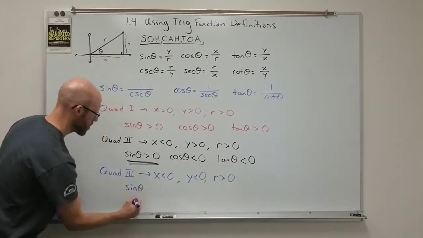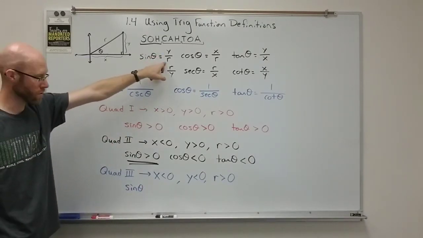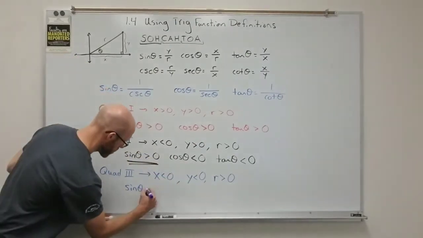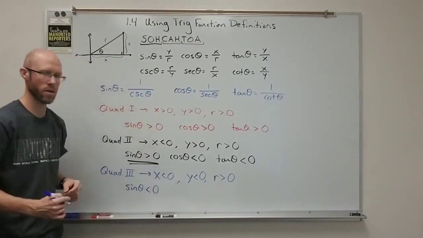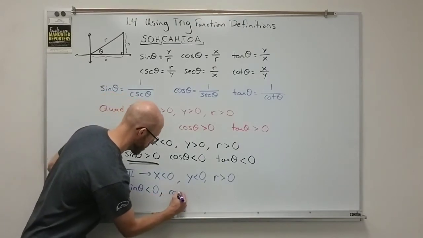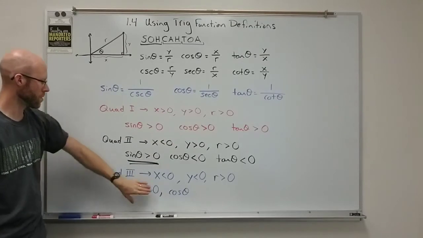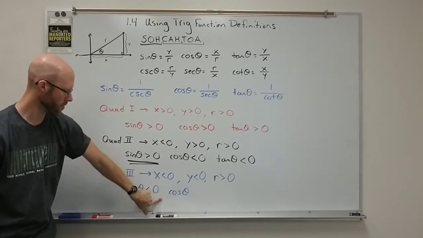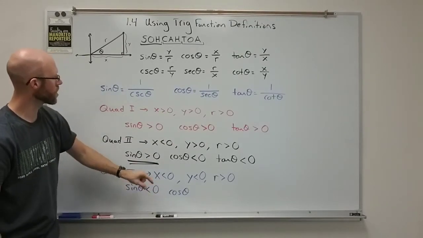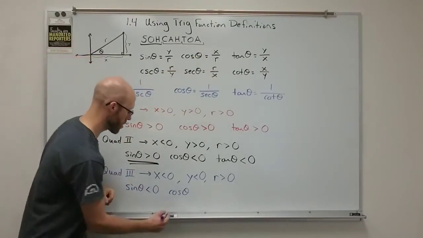sine of theta is going to be a negative over a positive, right? Y is negative, so that's negative divided by a positive. The cosine of theta is negative over positive as well, so that's a negative.